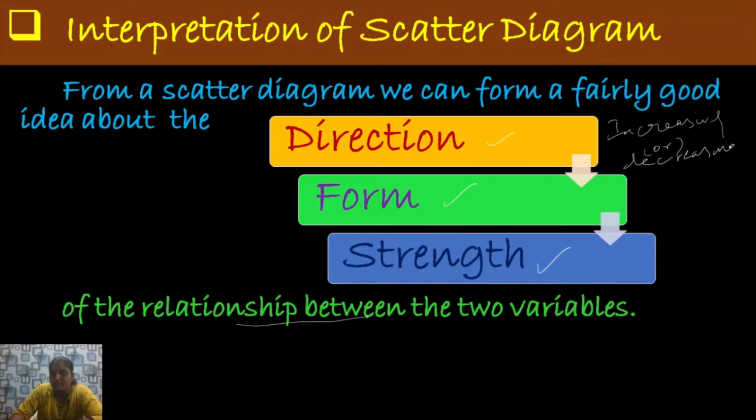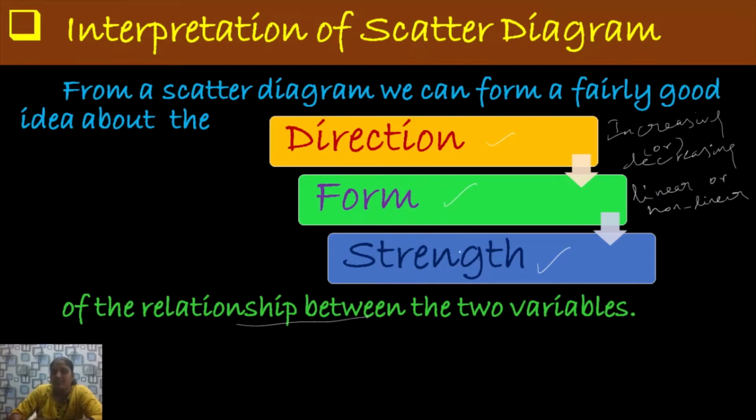Whether the relationship between the two variables may increase or decrease. The second one, form, in the sense that it may be linear or non-linear. Most probably we have to discuss correlation under the linear case.